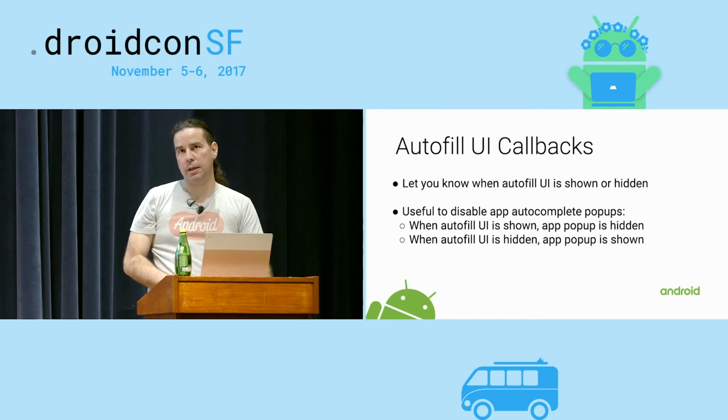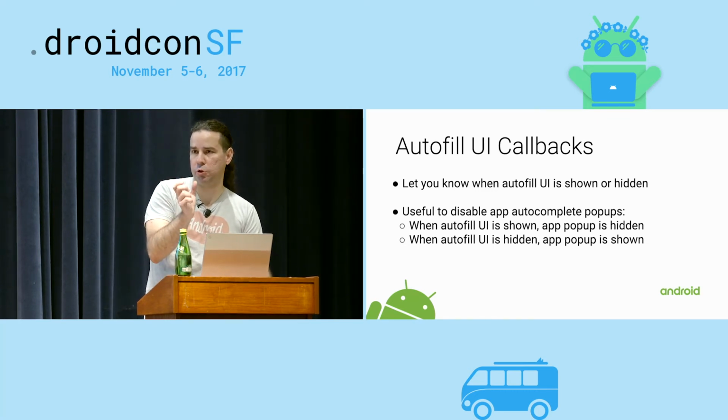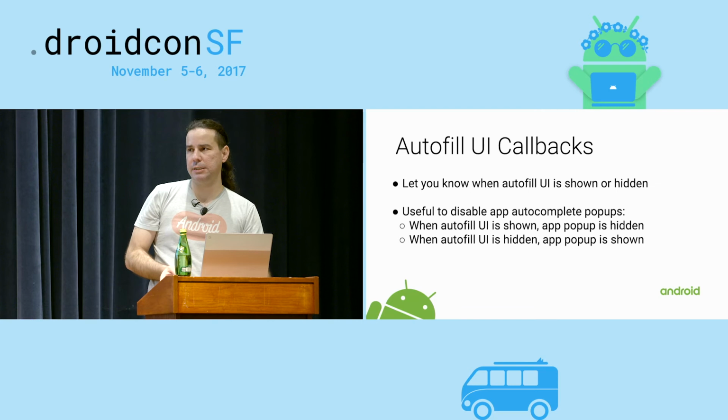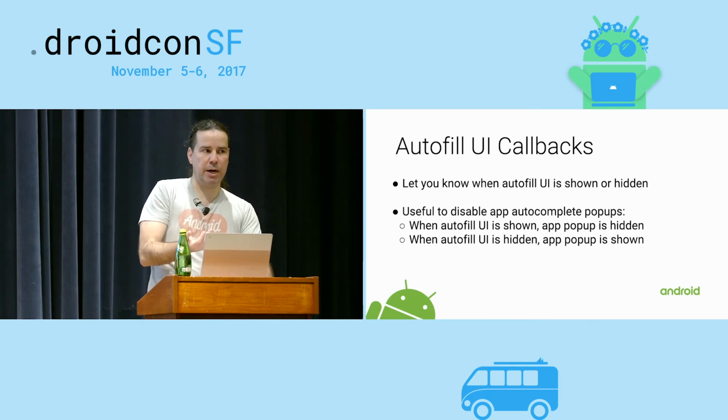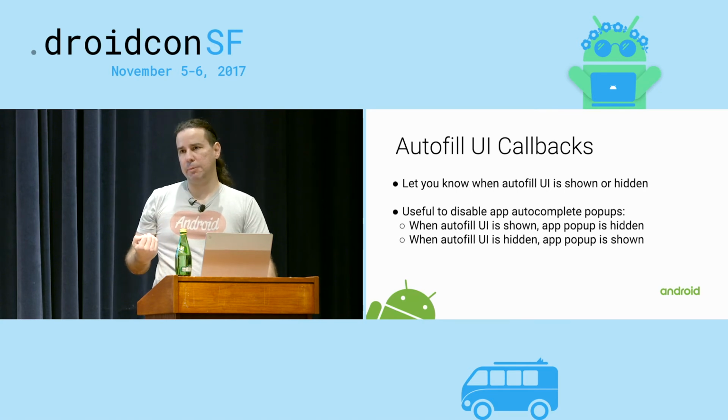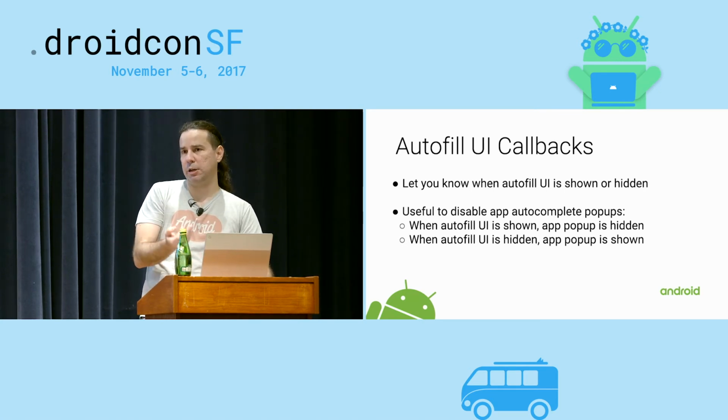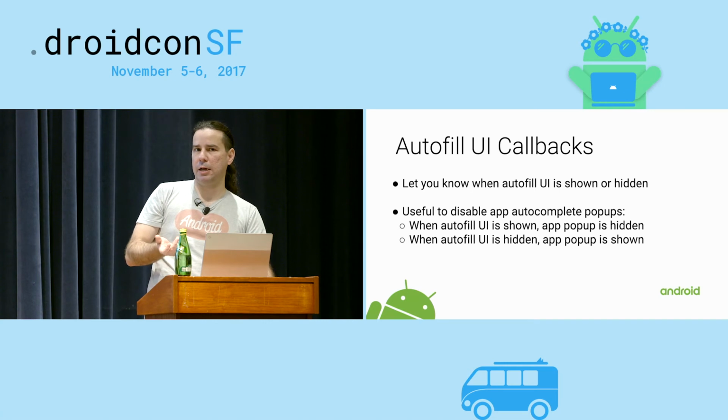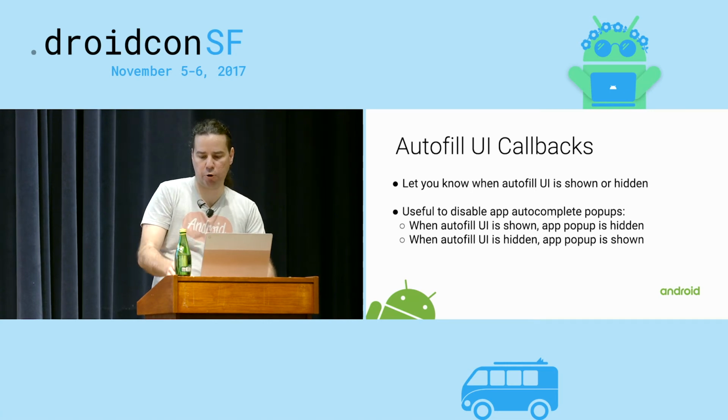The autofill UI from the system should not overlap with yours. So when the Autofill framework is going to draw the UI, it will tell you that the UI is going to be shown. And when the UI is going to be hidden or is not available, we notify as well, so you can change your app accordingly.